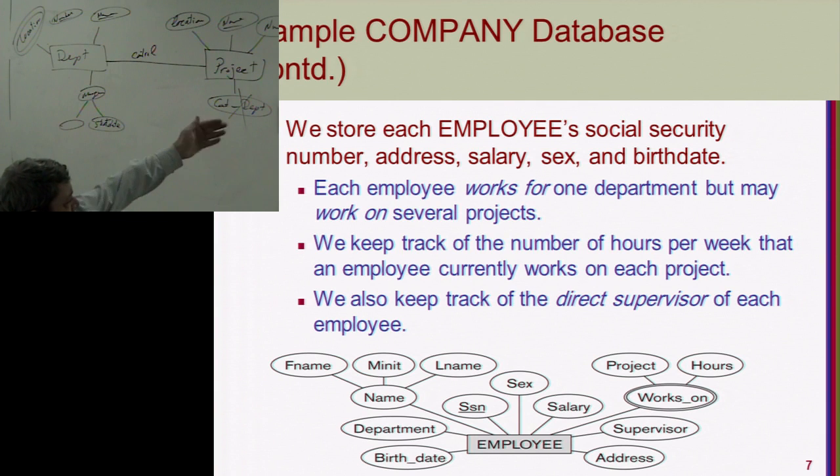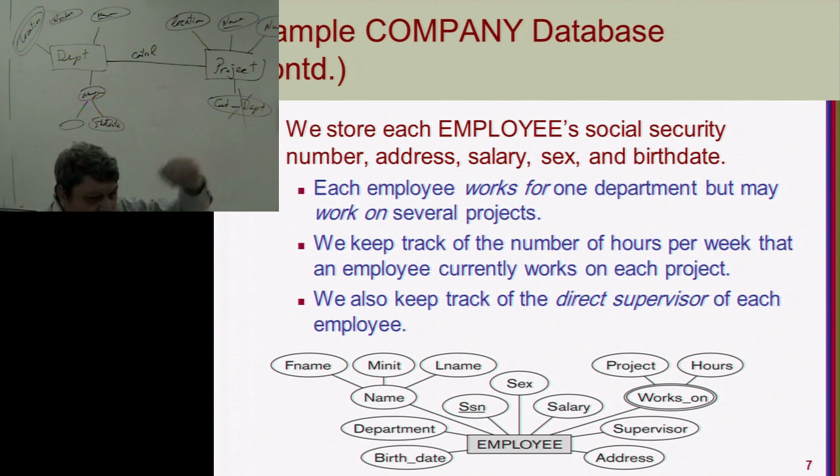Social security number, address, salary, sex, and birthday. These are, of course, attributes for the employee. Why? Because they are properties describing the data needed to be stored about an employee. So they are attributes. We have employee with these as attributes, right?